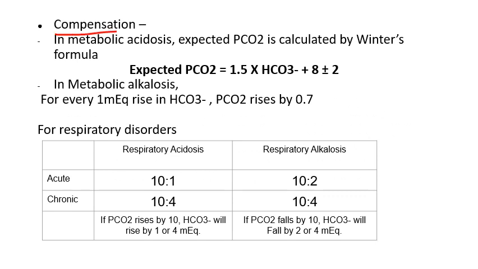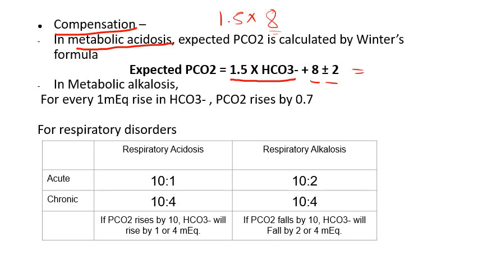So, compensation. In metabolic acidosis, we have a formula called Winter's formula that gives us the expected compensation of carbon dioxide, or the expected PCO2 level. It is calculated by 1.5 times bicarb concentration plus 8, plus minus 2. So it gives us a range. Let's say bicarb is 8.